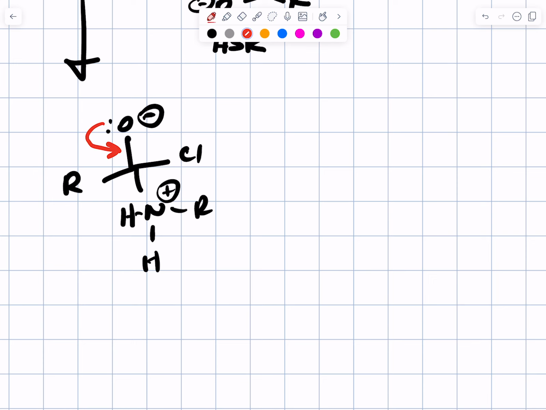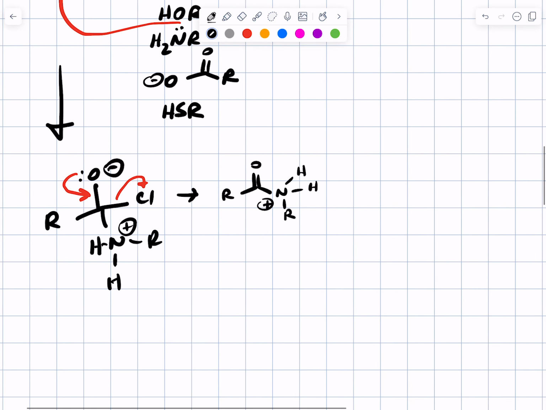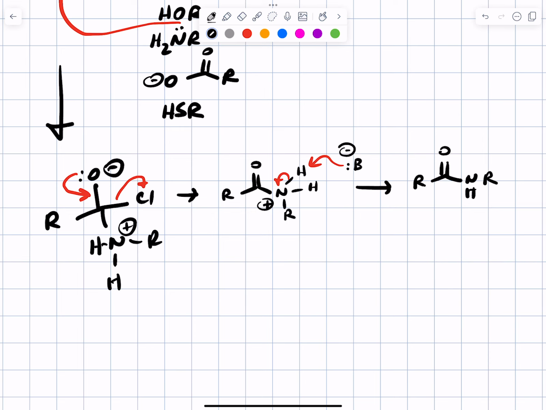You probably at this stage can just have the electrons on the oxygen kick the good leaving group off. The chloro is a better leaving group than the positively charged nitrogen. And then after the fact, some base, your text will probably show Cl minus, removing the hydrogen from the nitrogen to give you the amide product. Okay?